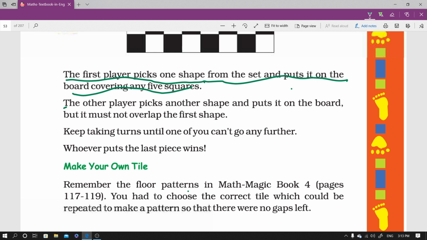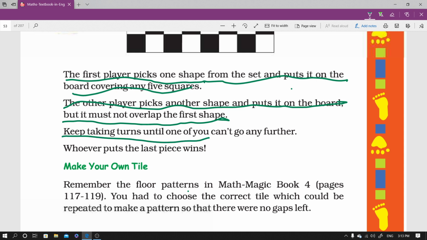The other player picks another shape and puts it on the board, but it must not overlap the first shape. Keep taking turns until one of you can't go further. Whoever puts the last piece wins.